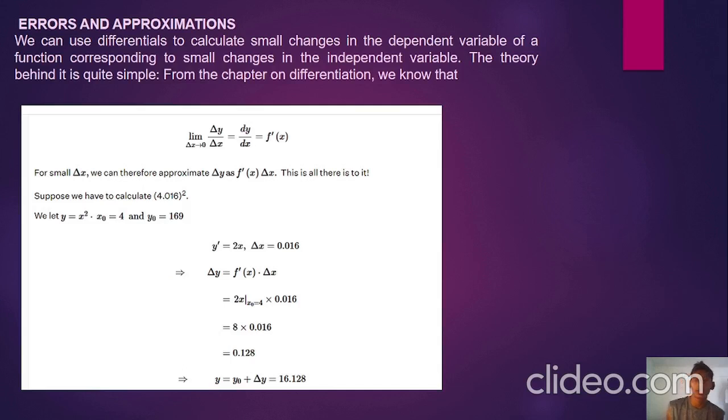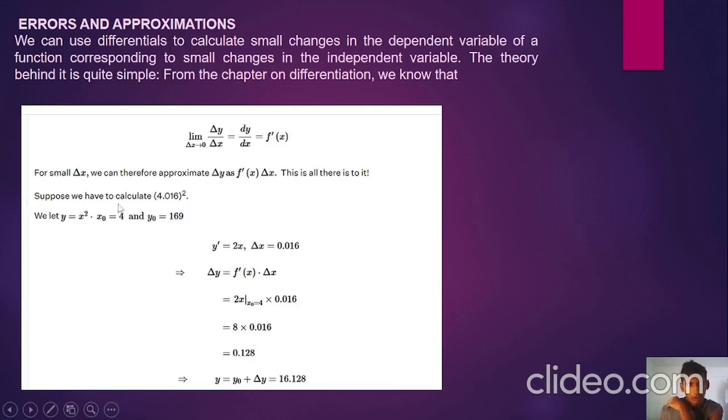From the definition of differentiation, we know that the limit of delta y by delta x as delta x goes to 0 is equal to dy by dx. For small delta x, we can therefore approximate small delta y as f prime of x into delta x. This is all there is to it.